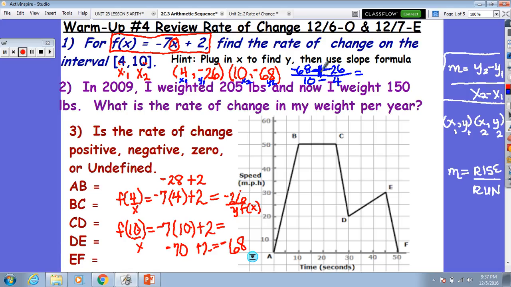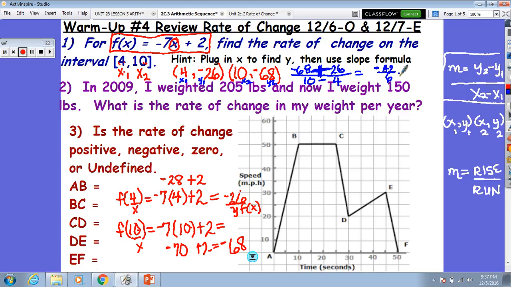So that means we're actually doing negative 68 plus 26. And since the signs are different, we are subtracting the numbers. So we get negative 42 on the top. And on the bottom, 10 minus 4 gives me 6.